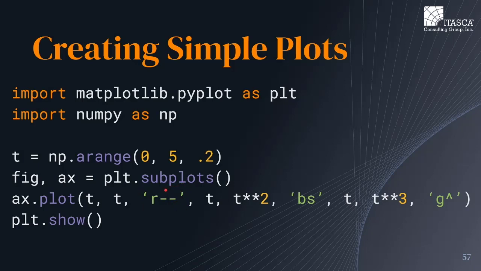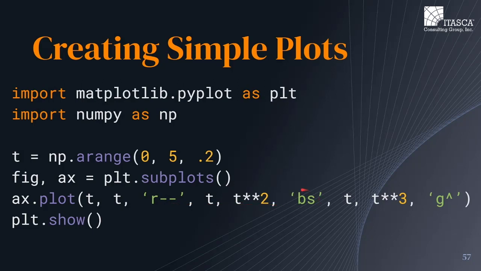If you worked with MATLAB previously, the styling of these arguments is very similar to the plotting arguments within Matplotlib. You can look at the documentation for all the availability within the Matplotlib documentation. But what this first argument specifies is that this t versus t plot should be red and a dashed line.